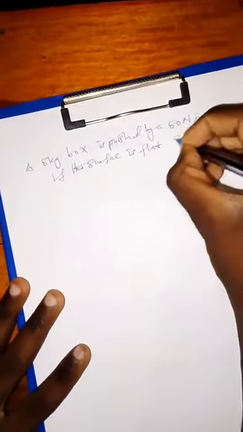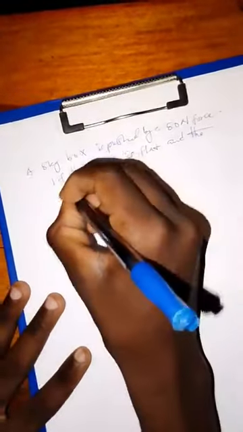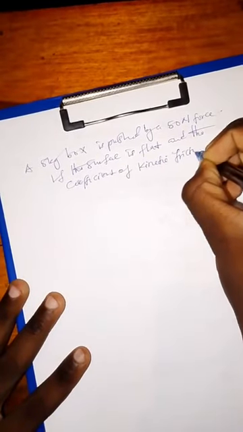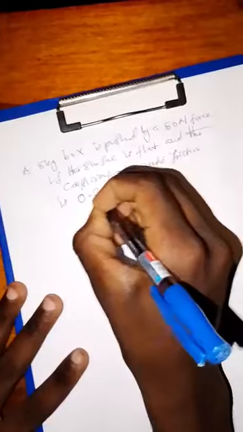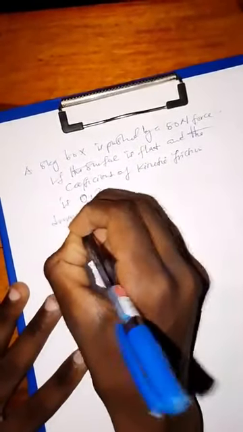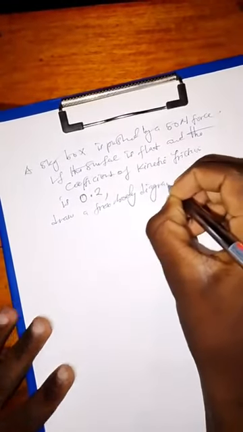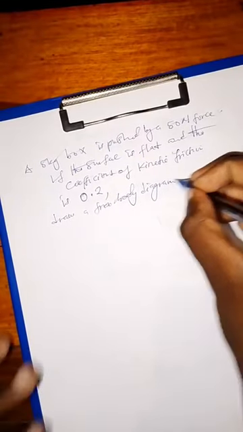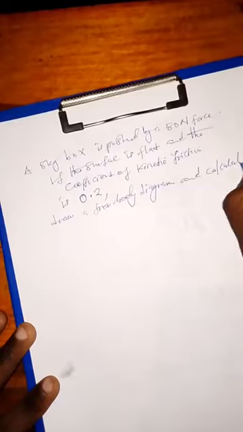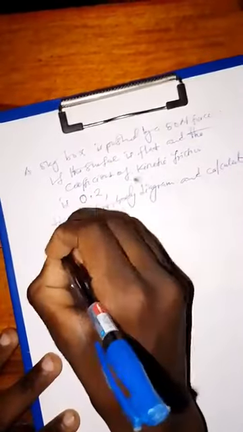I have a 5 kg box which is pushed by a 50 Newton force. If the surface is flat, and the coefficient of kinetic friction is 0.2, draw a free body diagram and calculate the acceleration of the object.